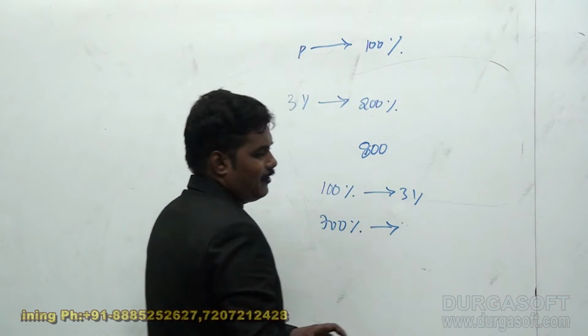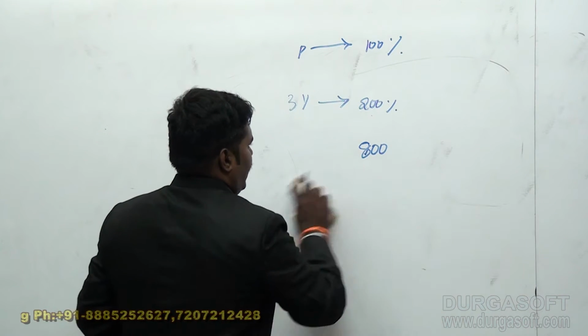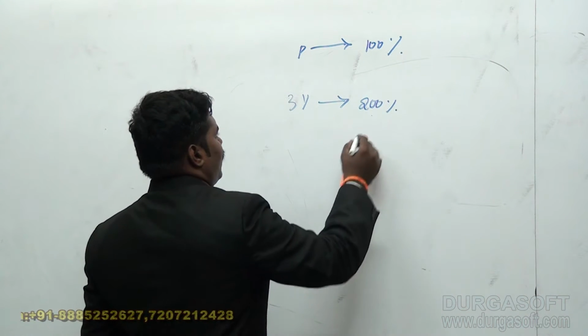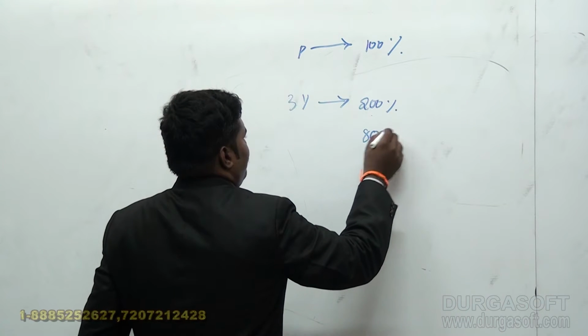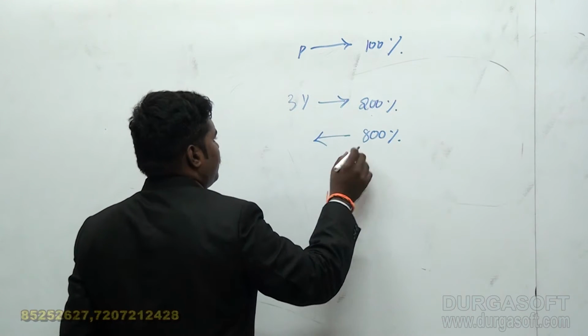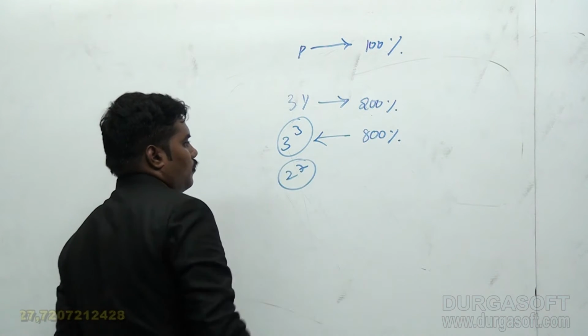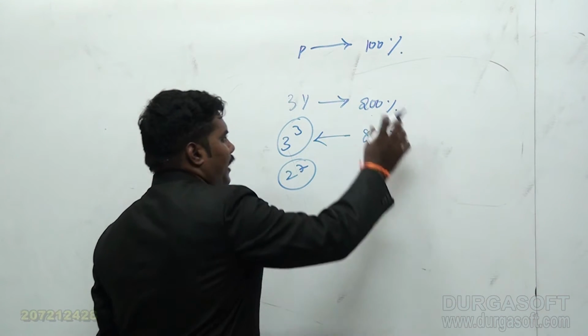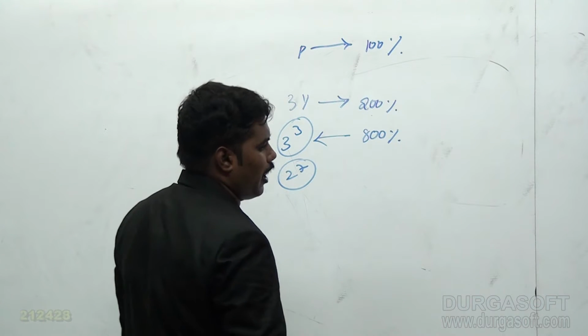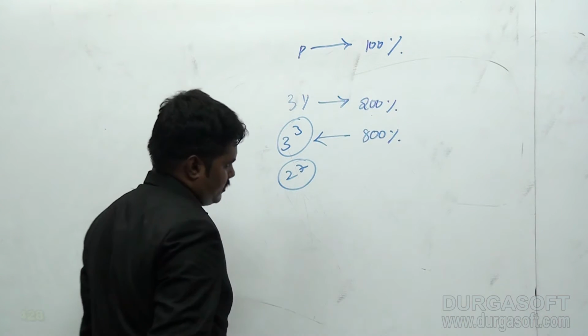Okay, is it right? No. So directly you can do one thing: 800%, that is nothing but cube times. 3 cube is equal to 27. So you should write it as powers in this case.